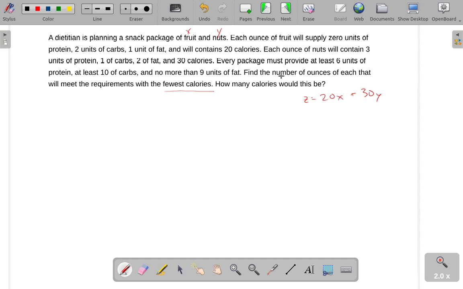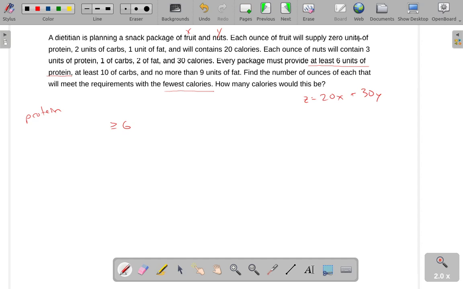But really, once I've figured out my variables, the next thing I need to do is my constraints. So when I see things like this, it needs to contain at least 6 units of protein. That sounds like a constraint to me. It has to be at least 6, so something is bigger than or equal to 6, and that something is the amount of protein that's contained.